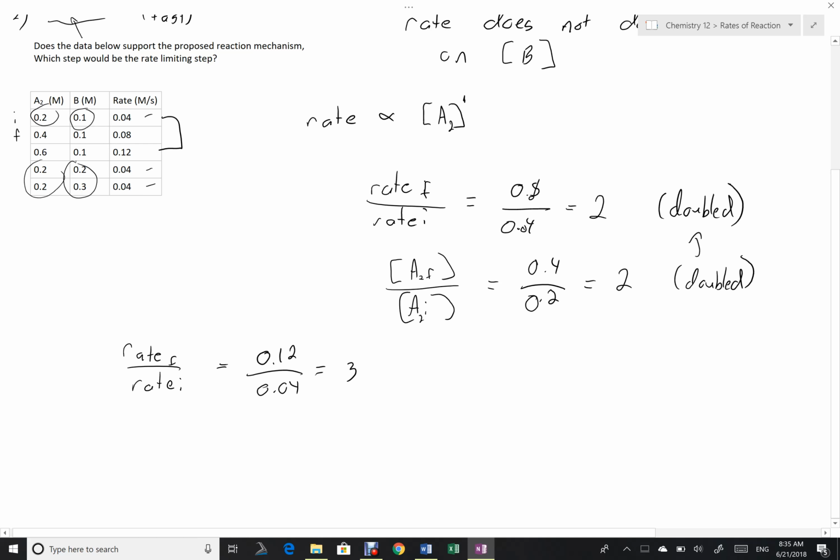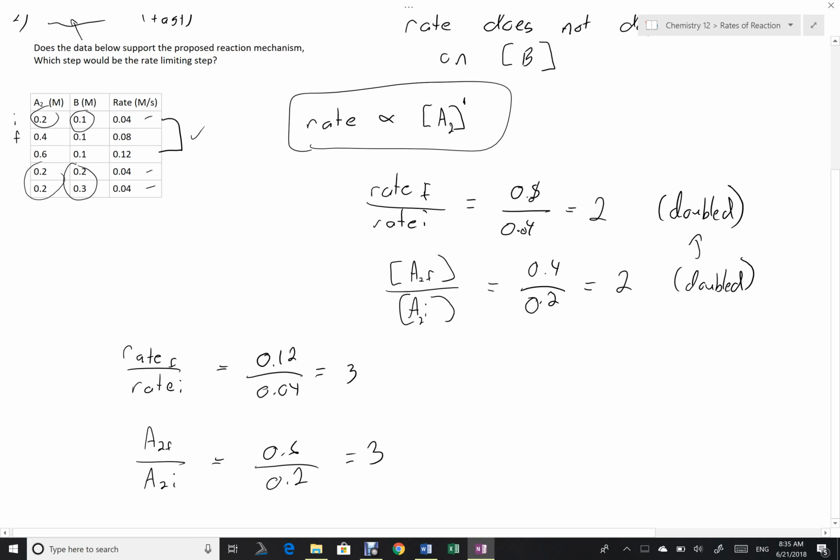So if this is linear, then when I divide the concentration of A final by A initial, I should get 3 as well. And I do, so again, these two trials also support this as the rate law.